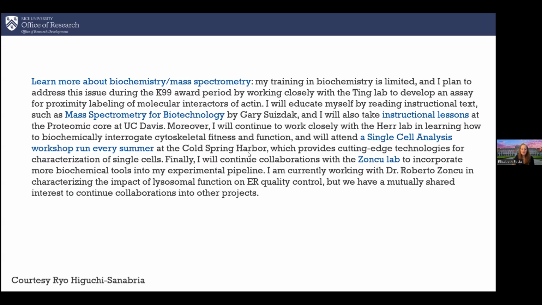So he's a geneticist and cell biologist. And for the project that he was proposing, he needed to learn more about biochemistry and mass spectrometry. This was just one module from the section on his goals and the kind of training that he would need to undertake. So he had 5 or 6 of these different paragraphs. So this is an example of just one paragraph.